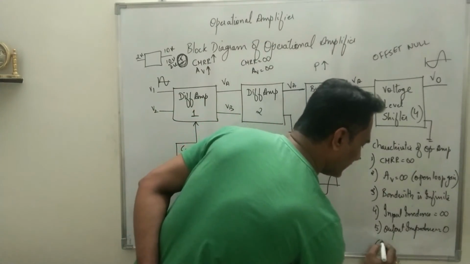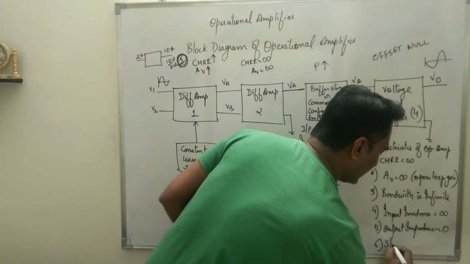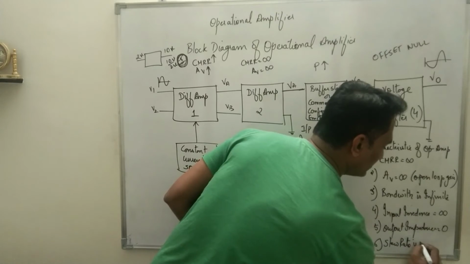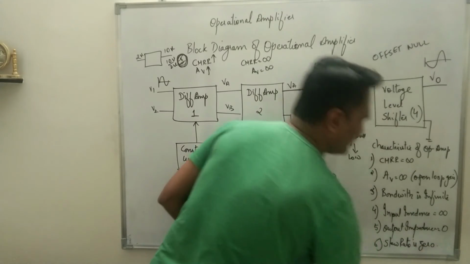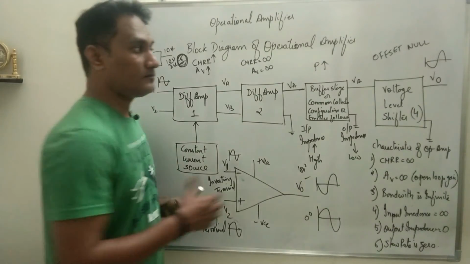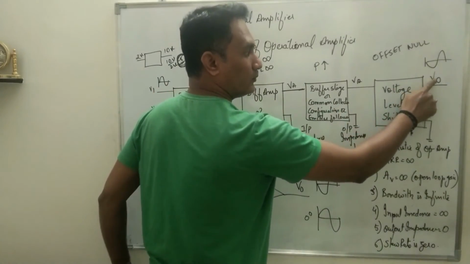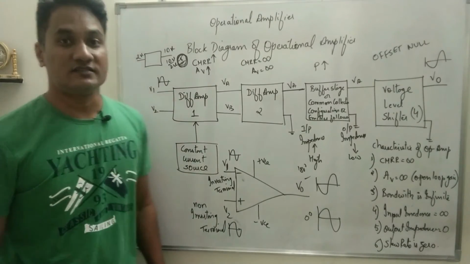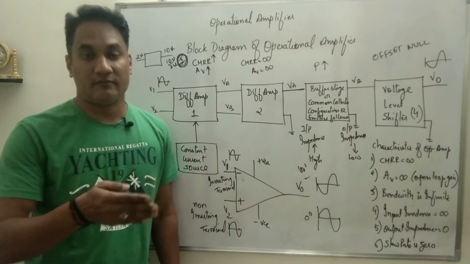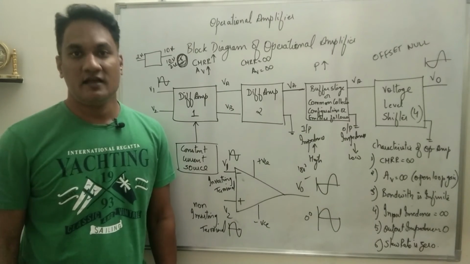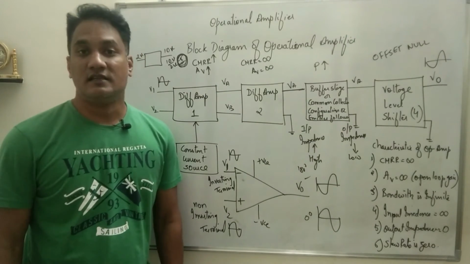And 6 is slew rate. Slew rate is 0. Slew rate is the time taken by the output to reach its final value as soon as the input is changed. इनपुट चेंज करने के बाद में आउटपुट को अपने फाइनल वैल्यू तक पहुंचने के लिए जो टाइम लगेगा, वी कॉल दैट एज स्लीव रेट.